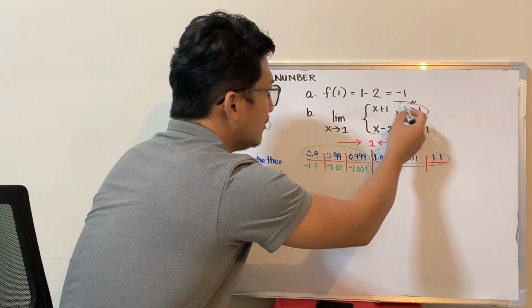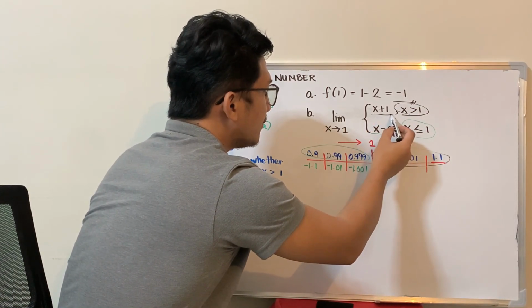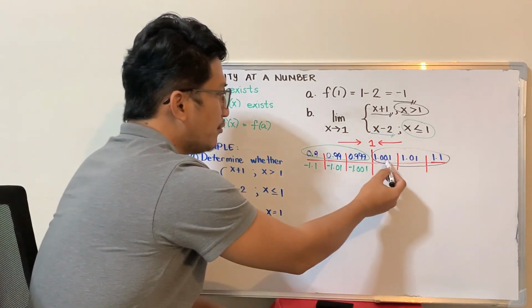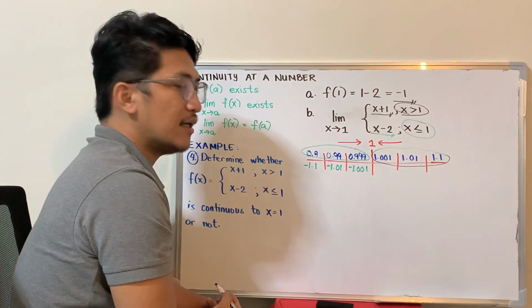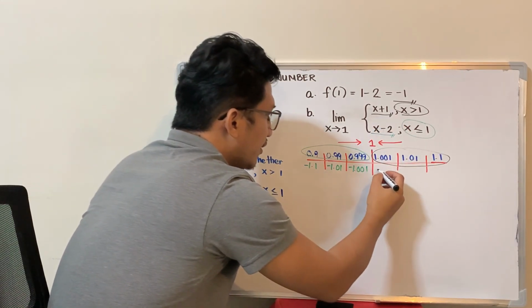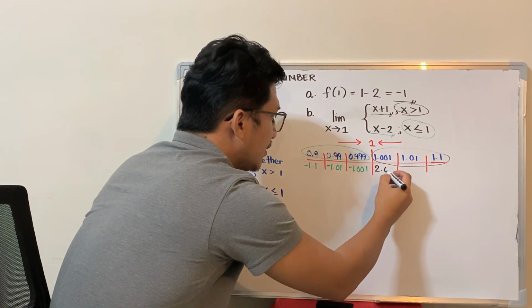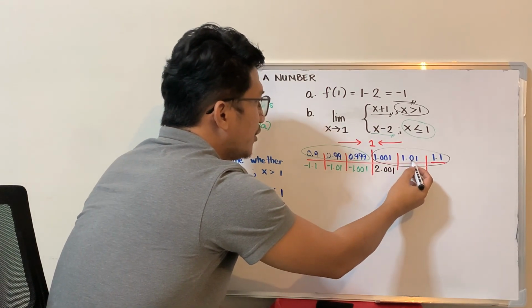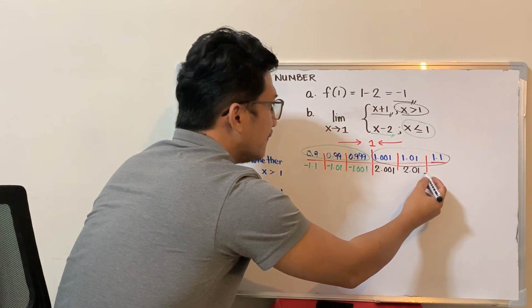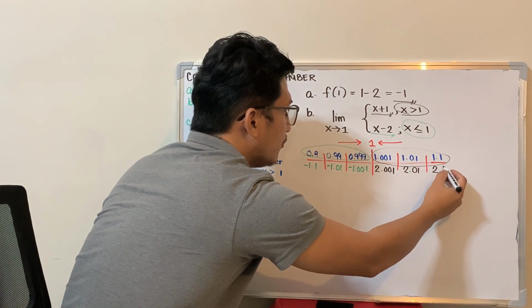So since they fall here, you have to use this function, x plus 1. Okay? So substitute those values into x plus 1. Let's say 1.001 plus 1, of course, you have 2.001. 1.01 plus 1 is 2.01, and then, of course, you have 2.1.